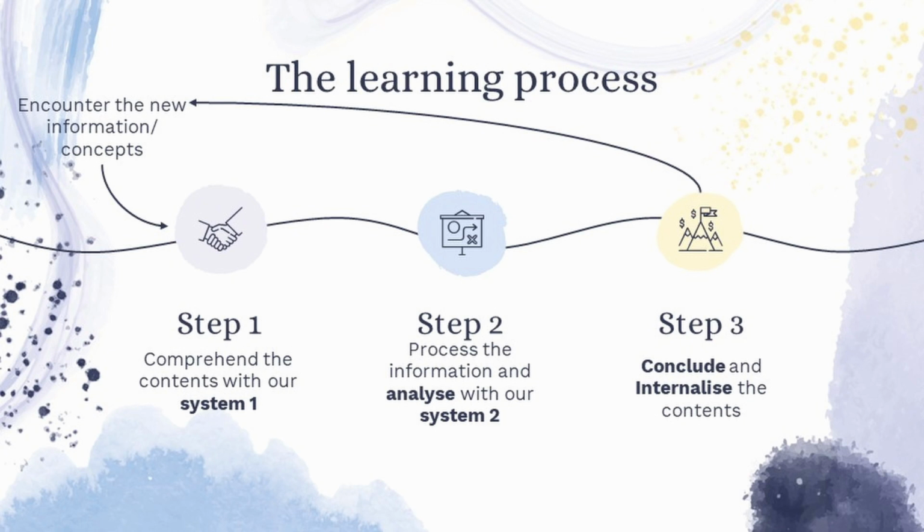Afterwards, when we learn, we try to process the information, and the most important step is we analyze it. For example, like the Mueller-Lyer illusion, we have to use measurements. So we have to make efforts in the learning process, and that is a slow process. That is our system 2.